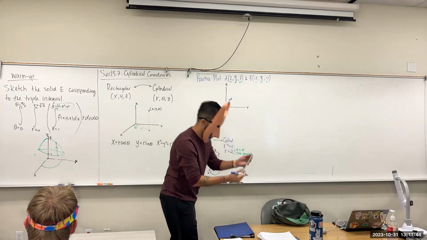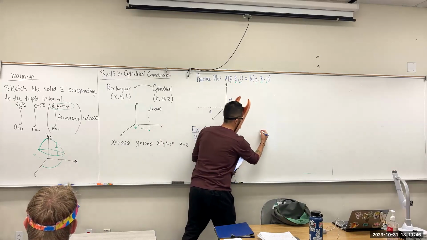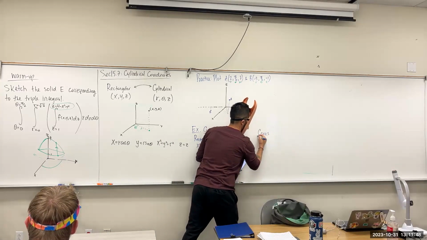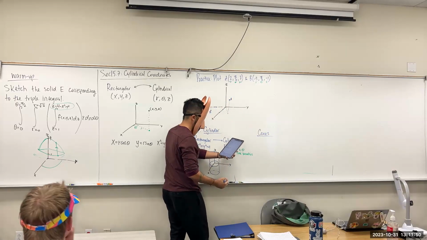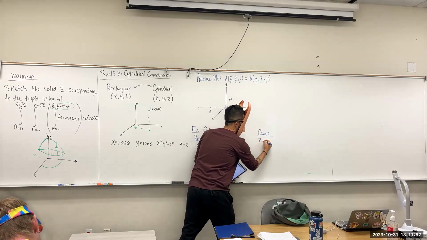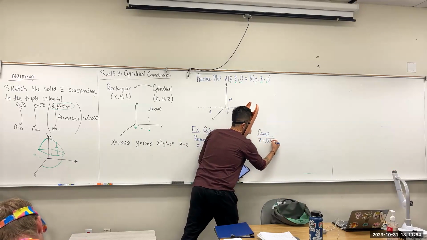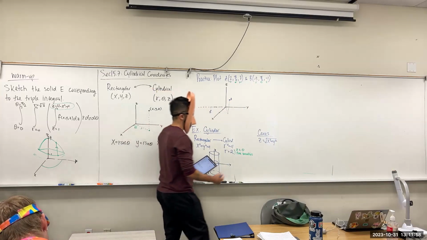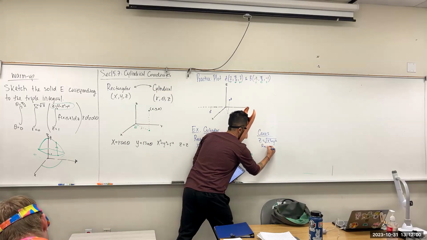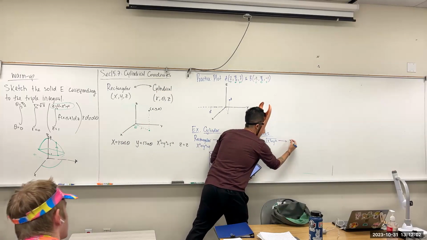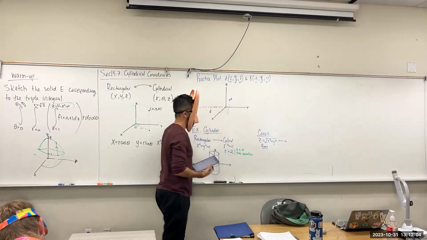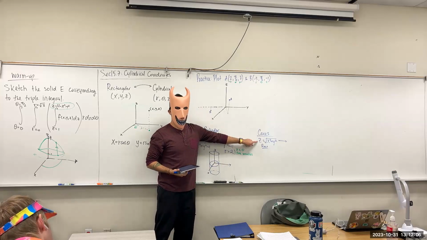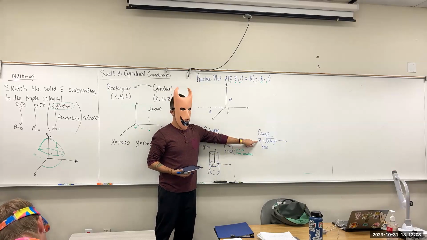And then you have the famous cones that we've been doing a lot in your homework. Usually the equation looks like this, z equals the square root of x squared plus y squared. This is in rectangular. And then if you want to turn it cylindrical, do I have to do anything to the z? No, right?